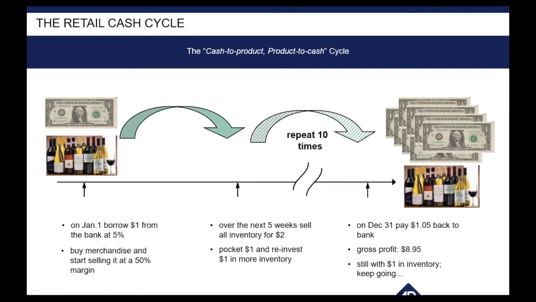It's $8.95 of pure profit, with $1 of inventory that allows me to keep the business going. So from the surface, it looks like an incredibly profitable business that sustains itself. It generates very high profit. Of course, this is a very simplified rendition of how retail really works, but it does explain why it's one of the oldest professions in the world, as far as we know.